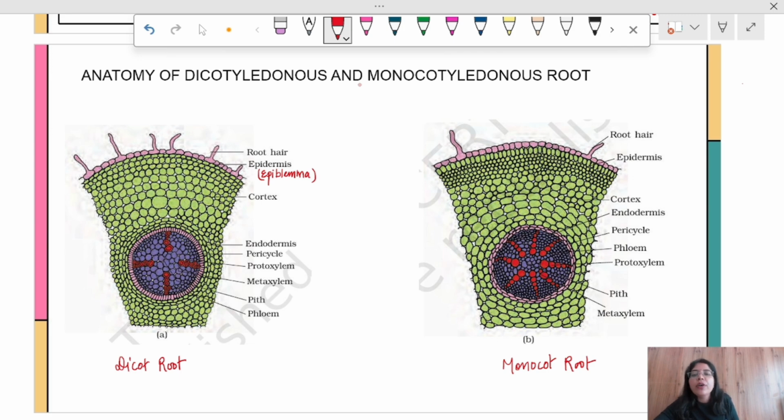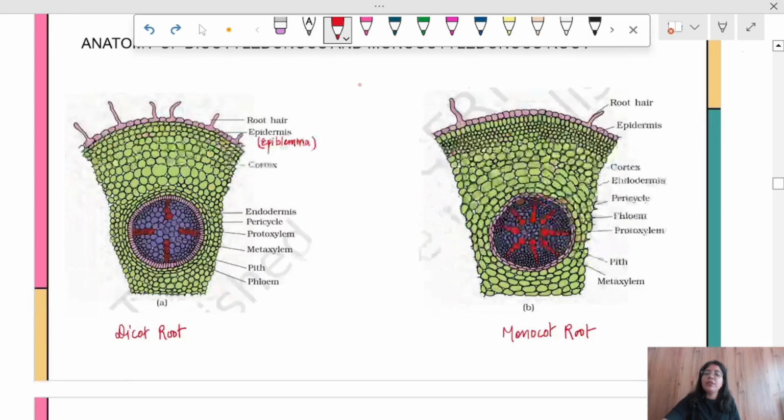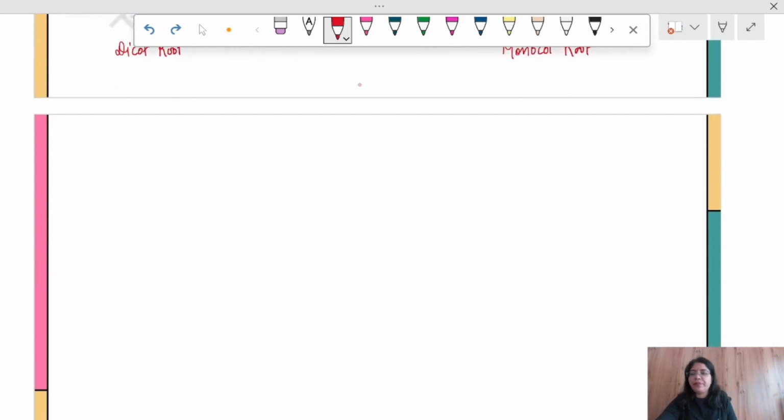So root epidermis is called epiblema. You cannot use this term for stem epidermis. Epidermal cells are single layered. Common things I am writing here: common characters.